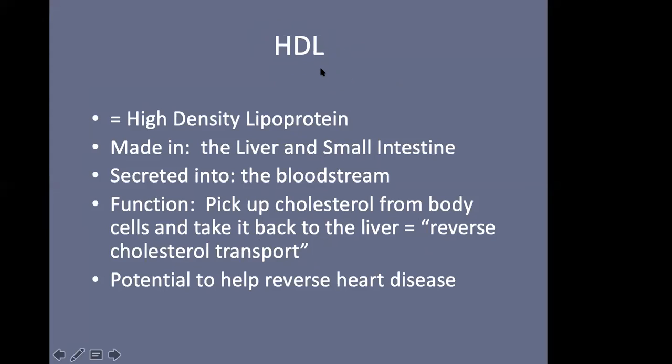So HDL is good lipoprotein and LDL is bad lipoprotein. It has the potential to help reverse heart disease. LDL is going to worsen heart disease, make atherosclerosis and vessel blockage, and in response HDL works against the LDL.